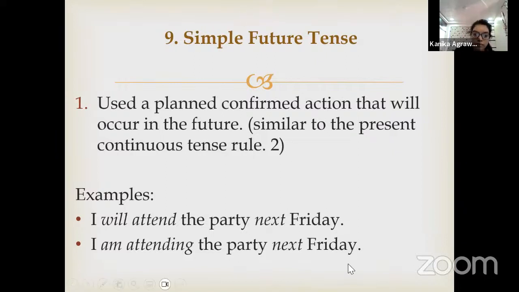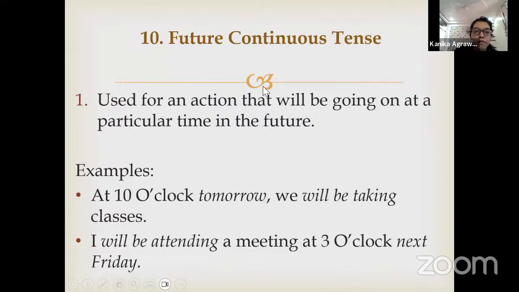Next, future continuous tense. It is used for an action that will be going on at a particular time in the future. Let's say at 10 o'clock tomorrow, we will be taking classes. Let's say at 12 p.m. tomorrow, we will be starting our exams.